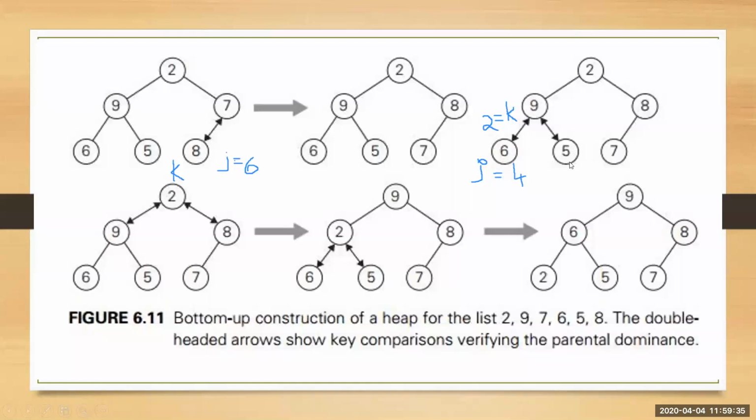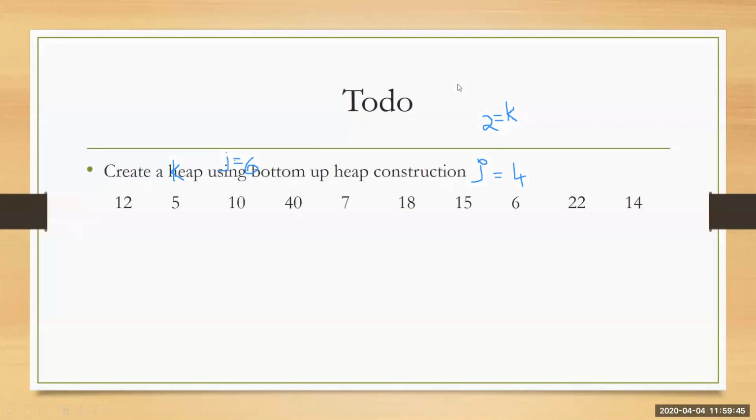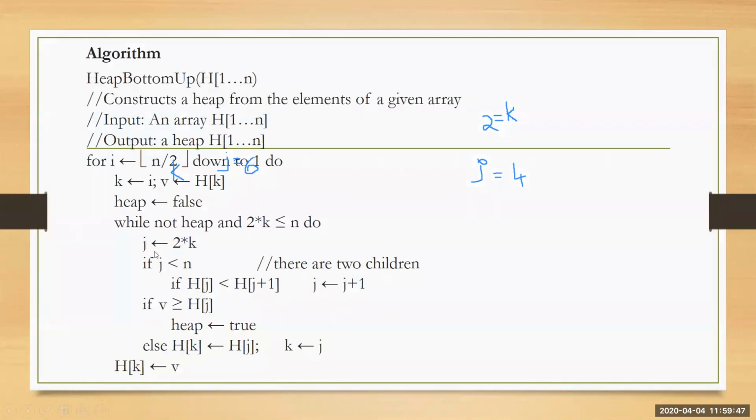If it has two children, then you have to compare the left and the right. So this is j, this is j plus 1, this is h of j, this is h of j plus 1. Now we have to compare. If h of j is less than h of j plus 1, you have to check which is bigger. If h of j is smaller, then j becomes j plus 1.